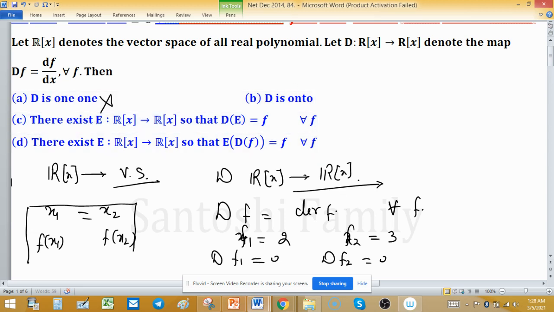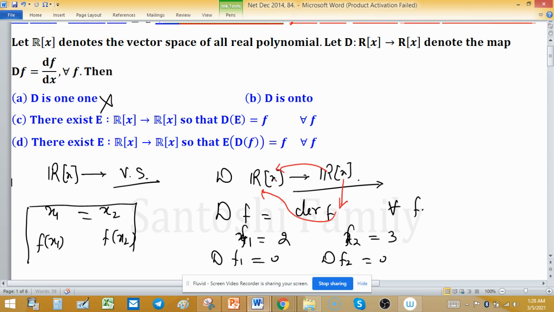D is onto. As the derivative of f is again a polynomial in x in one variable, we have to check whether D is onto or not. It means we have to consider an element in the codomain and its pre-image should be in the domain. Whatever the point in the codomain, its pre-image should be in the domain, because this is nothing but the same vector space.